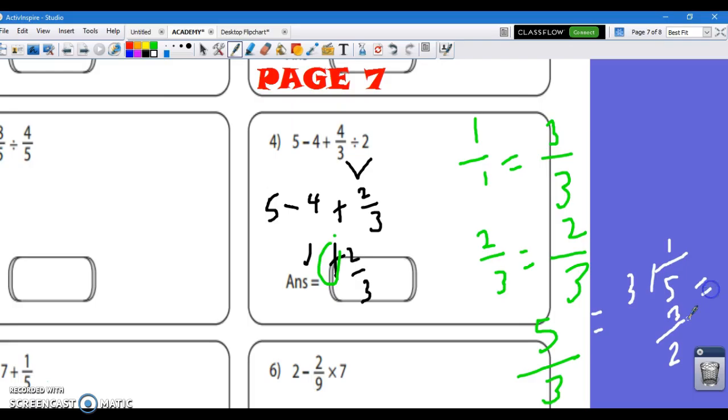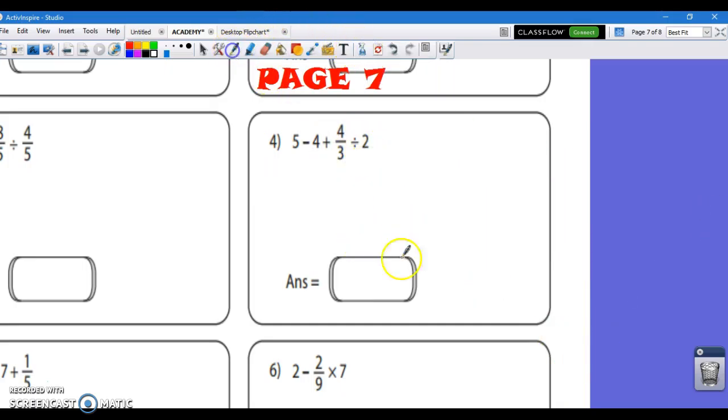Now you have everything you need to put your mixed number together. 1, remainder 2, bottom number 3. So this is 1 2/3. I'll clear that out again. So this one should be 1 2/3.